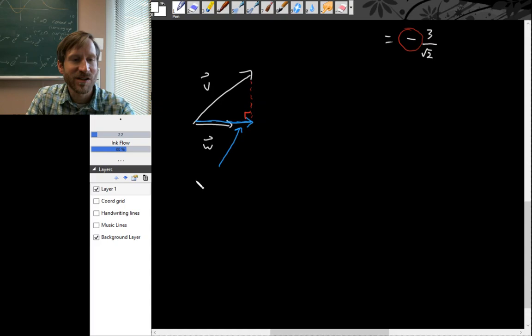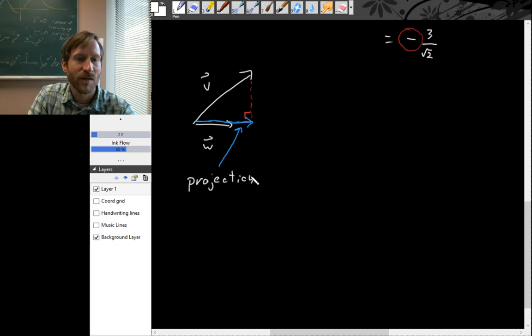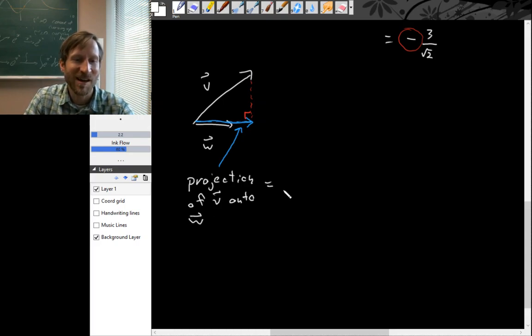As a vector, this blue vector is called the projection of v onto w. The notation is just like comp, except it's a projection instead of a component, so it's called projection onto w of v.